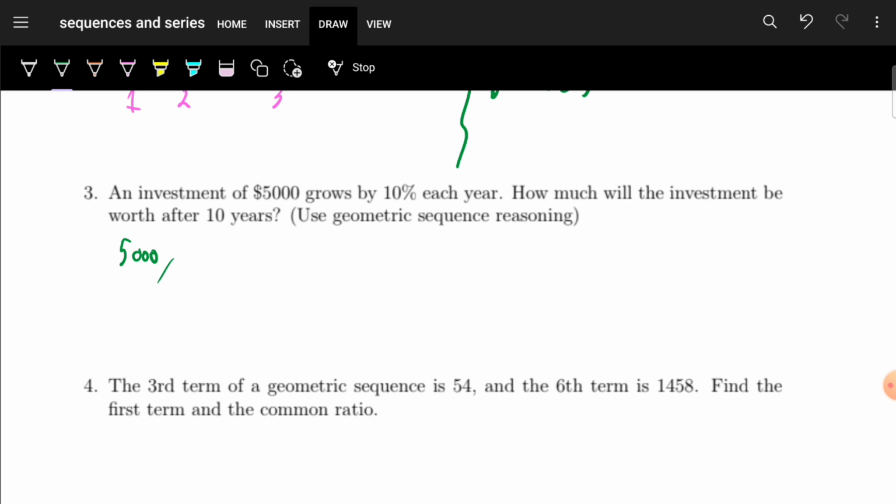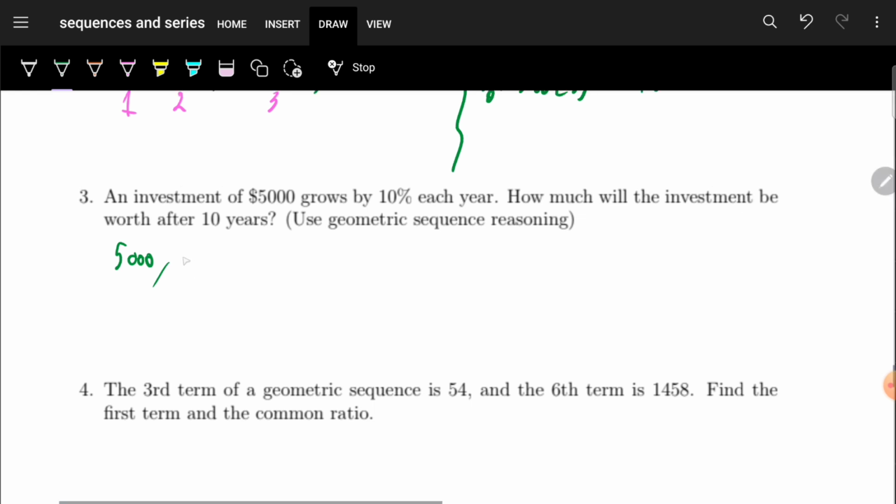So what does 10% more money mean? It means we have our original 5,000 plus 10% of 5,000. And I'll write the decimal version, right? So divide this by 100, and we get 0.1.